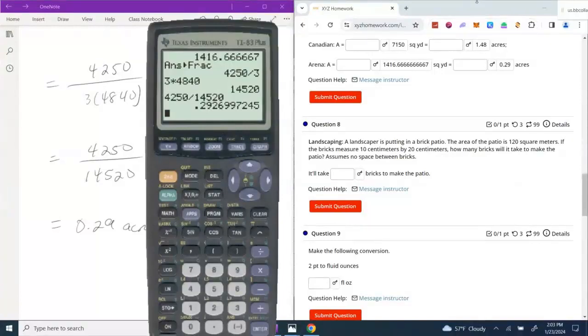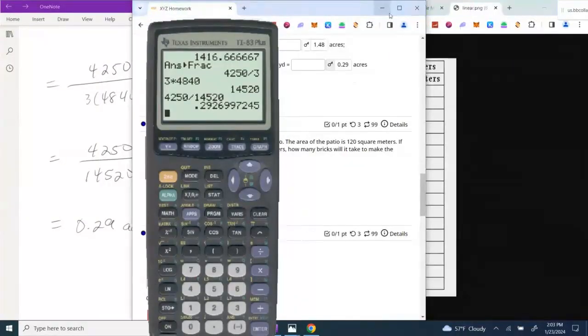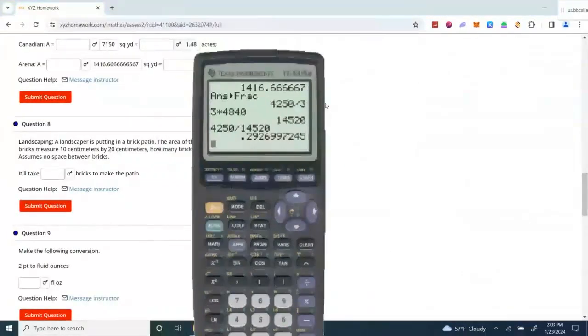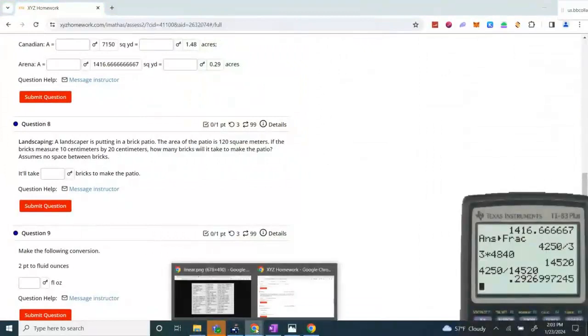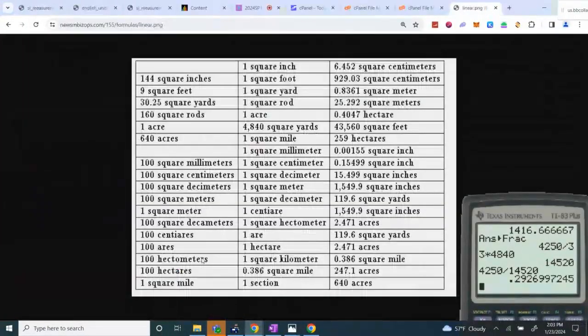So let me pull up the conversion chart. Where is it? Do we have square meters to square centimeters?